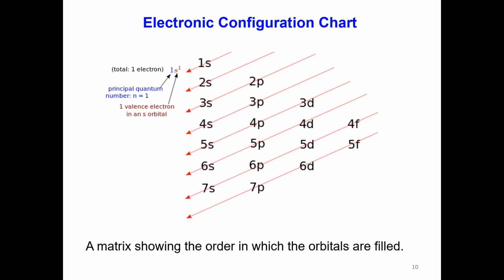Remember, S subshell can hold up to 2 electrons, P up to 6 electrons, D up to 10 electrons, and F holds up to 14 electrons.